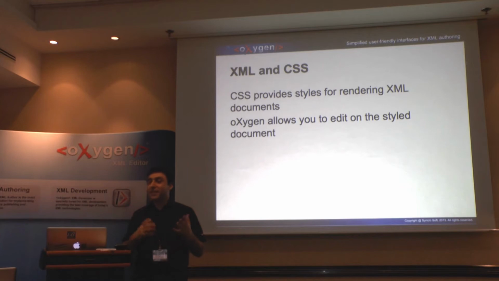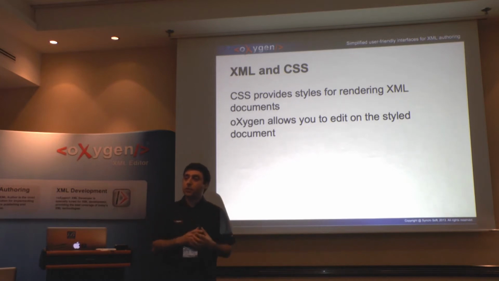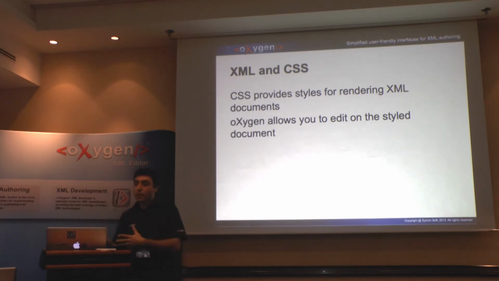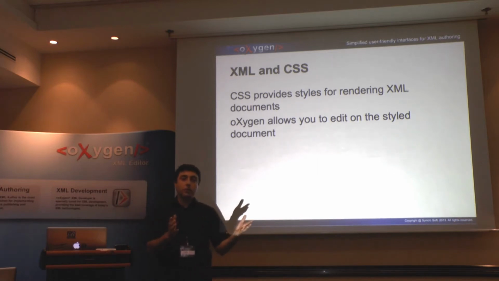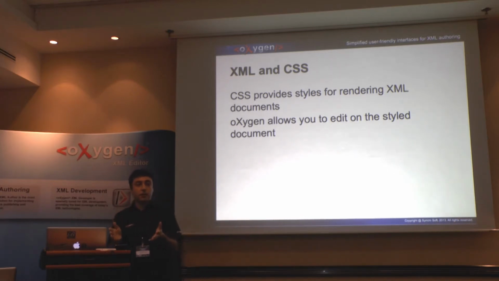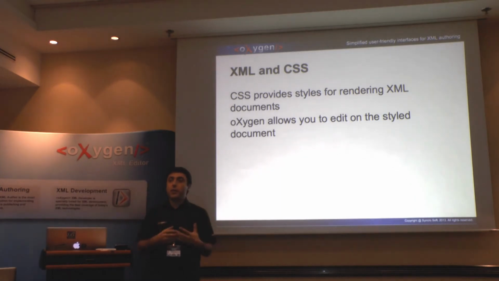And CSS is a very simple language that provides styling information, not only for HTML, but also for XML. So if you have an XML document, you can have a CSS style sheet that says how these elements should be rendered, what information should be visible in the document. So basically with CSS and XML, you can get an HTML-like view of any XML document.